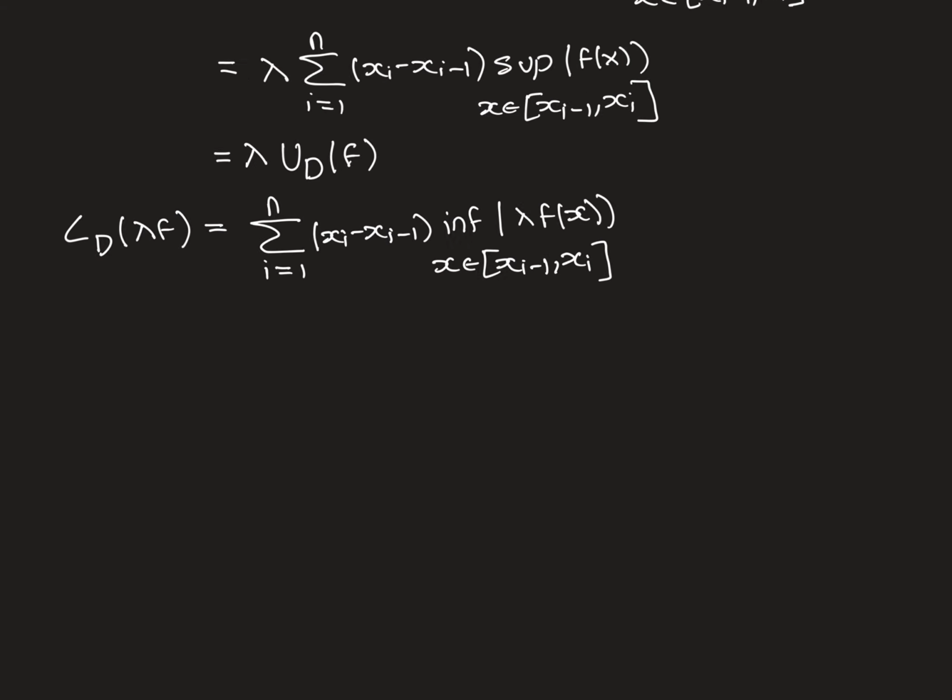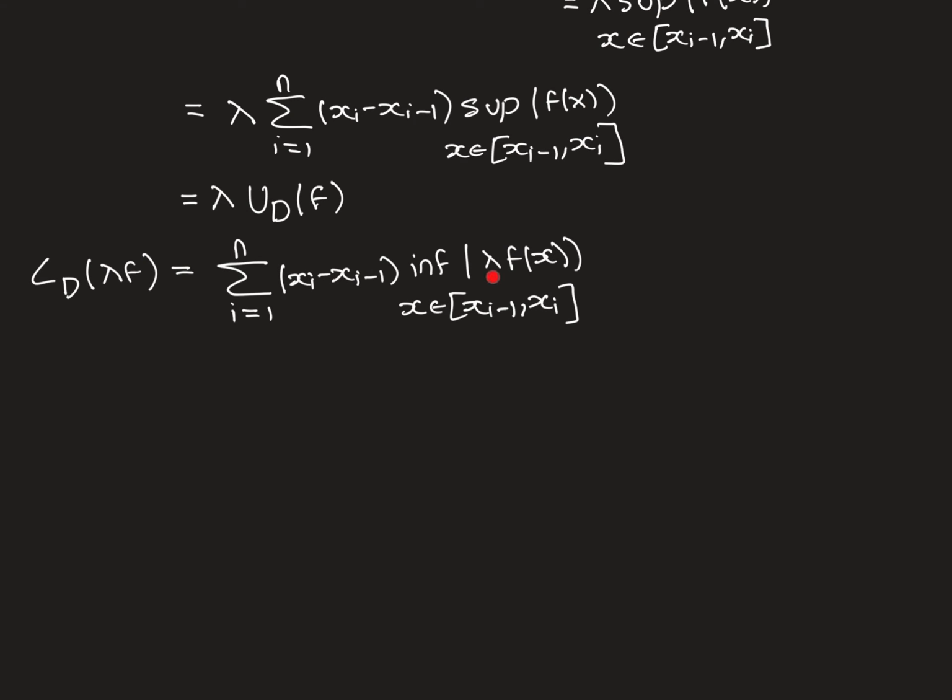But again, this set here is all these values of lambda times f(x), where x is allowed to vary over this. This is just lambda times the set of all the values of f(x), where x is allowed to vary over this.